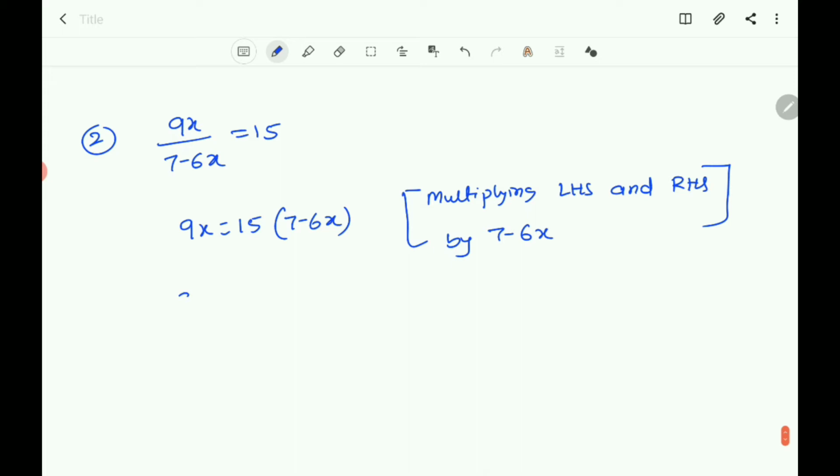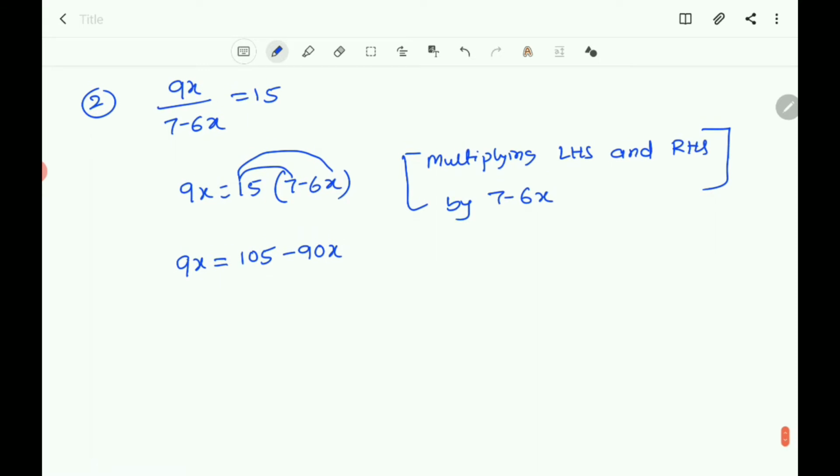In the next step, you write 9x only equals multiply 7 and 6x by 15. So first you multiply 15 and 7. 15 7s are 105. Next 15 6s are 90x here.